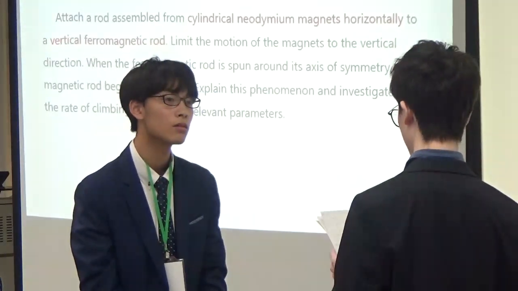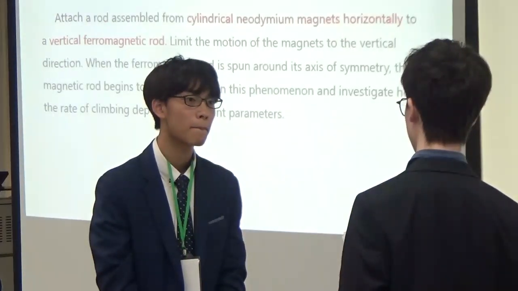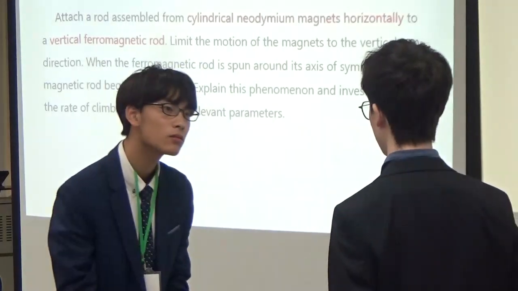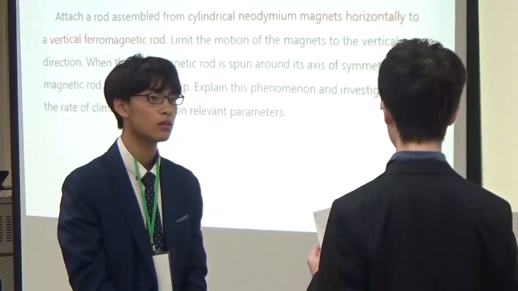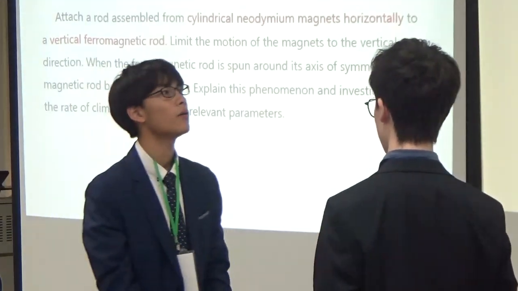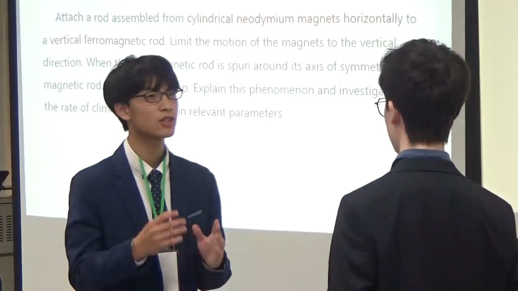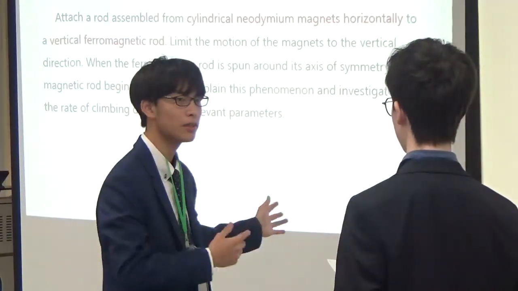The power of the magnet to the rod will influence the velocity. Can the reporter say it again? The power of the magnet to the rod. Okay. So, are you saying that if the magnet's strength is stronger, how will it affect the experiment?